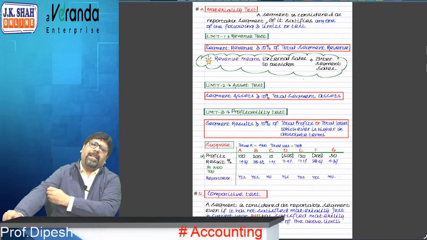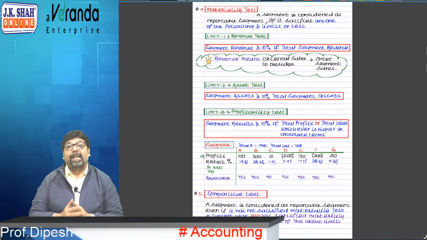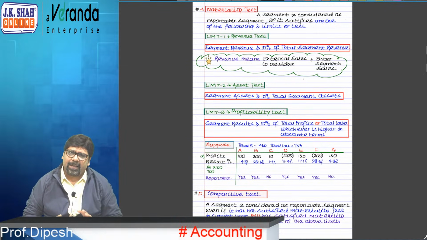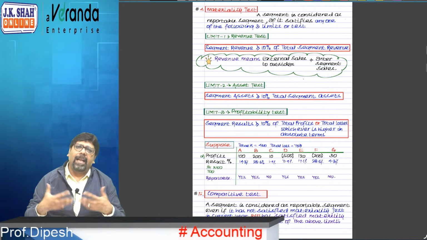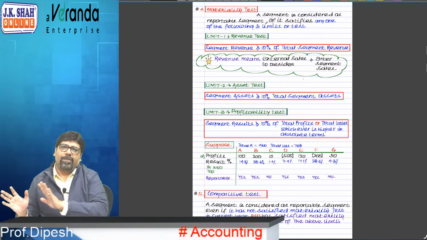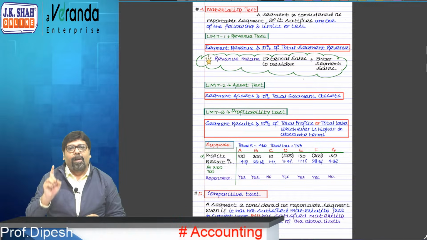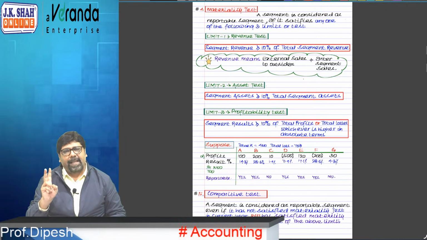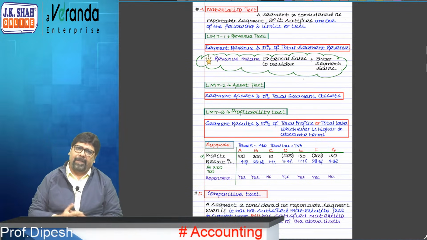This is nothing but the definition of segment. I repeat, segment means any separate line of business of goods or services whose financial and operating policies are different, assets and liabilities are separate, income and expenses are separate, and profit can be identified.